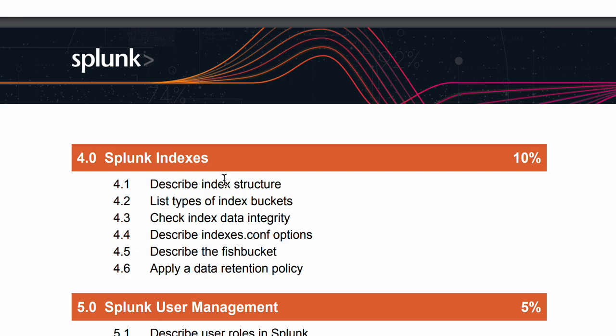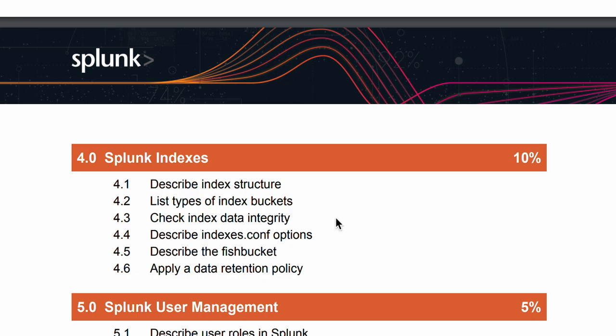The next topic is Splunk indexes. Keep in mind that Splunk indexes has a weightage of 10%. You can see how important this is from the percentage of questions coming from this topic.